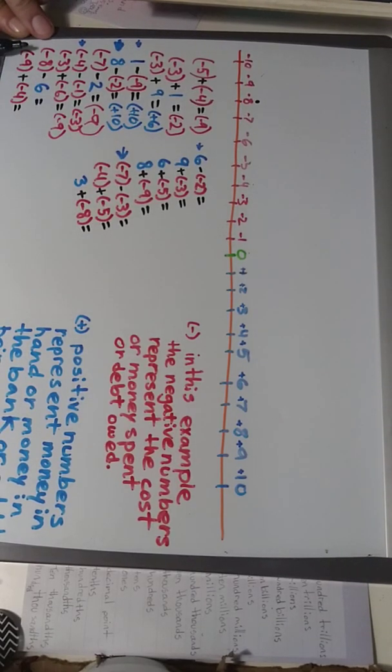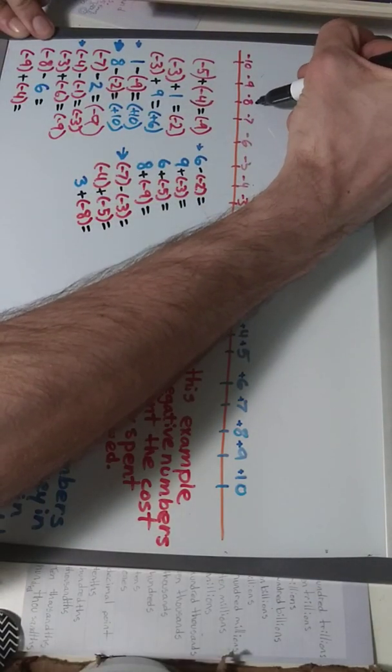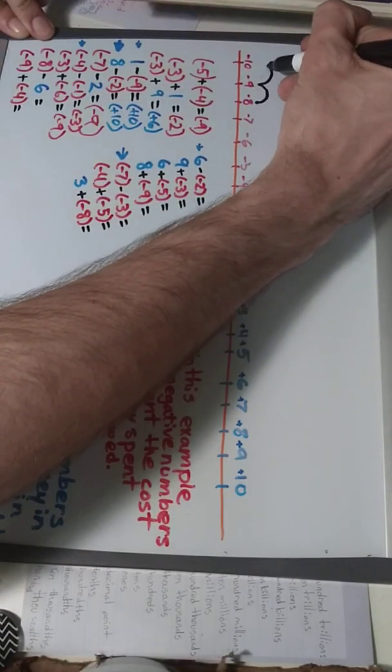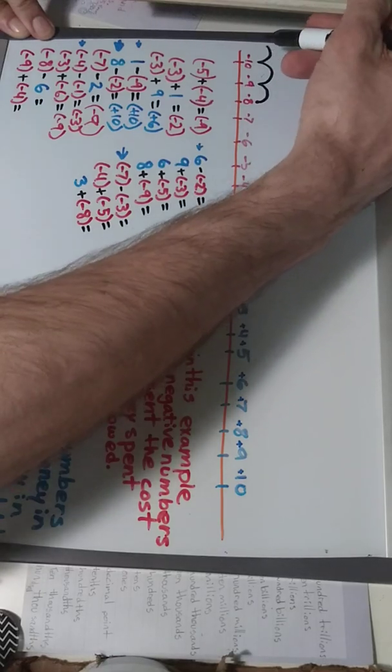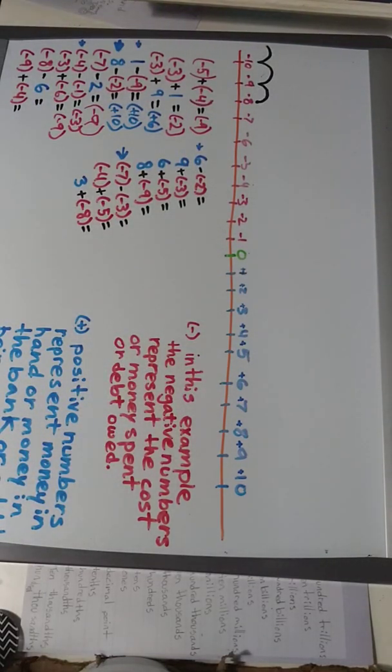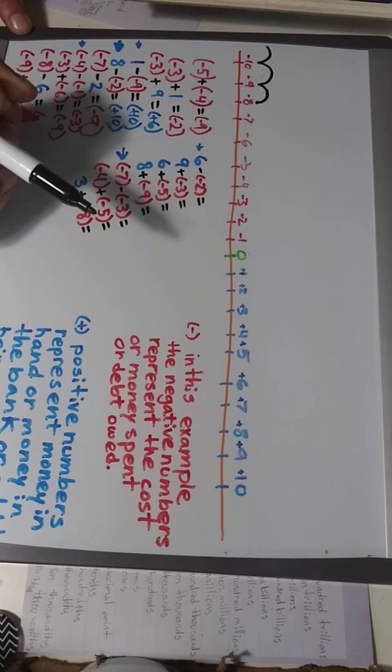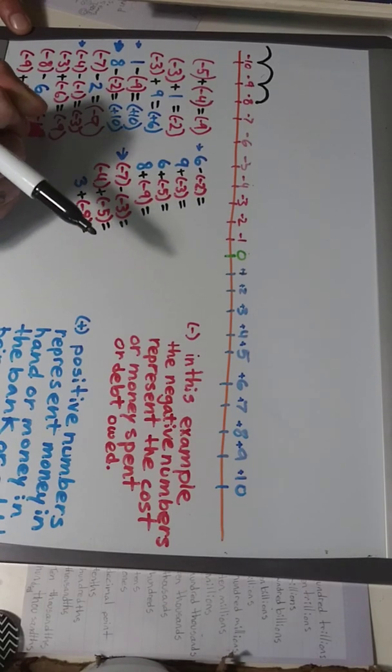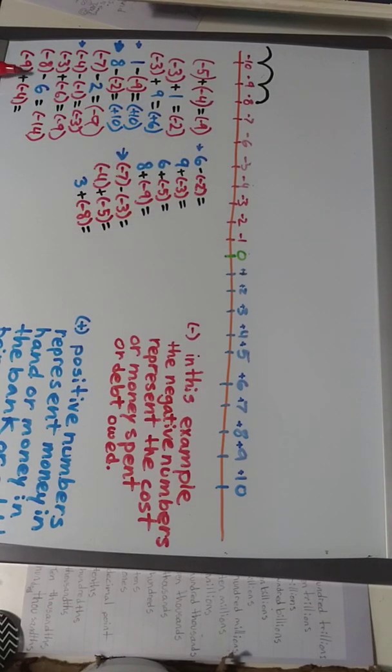So negative 8 minus positive 6, so we'll move over this way 6 spaces all the way to negative 14. So negative 8 minus positive 6 is negative 14.